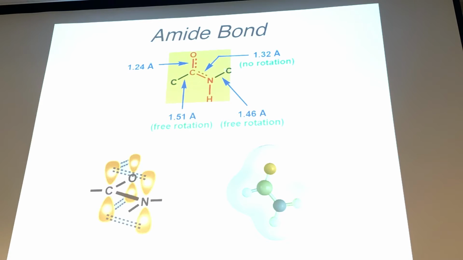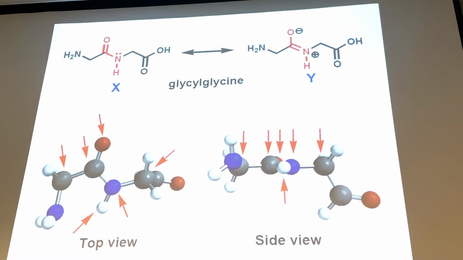It's about 25 kcals per mole to break that amide bond resonance and rotate. There are some cis amide bonds in nature, but most of those in proteins are in S-trans amide conformations.